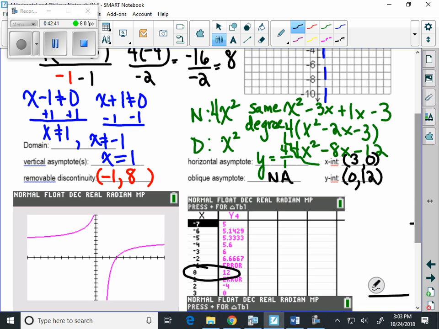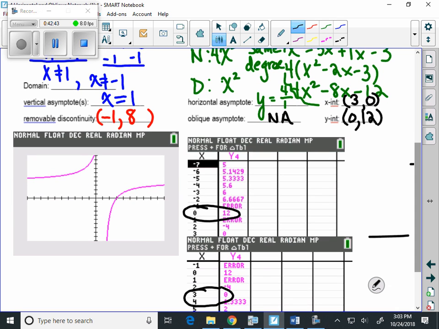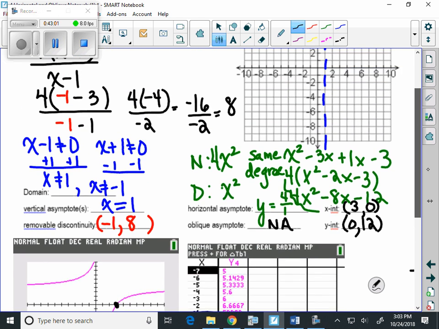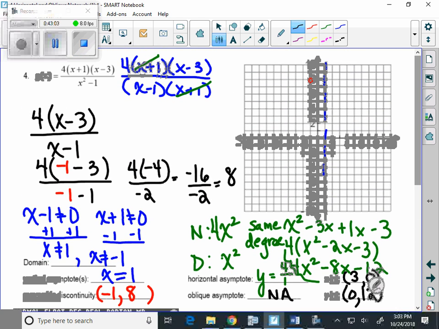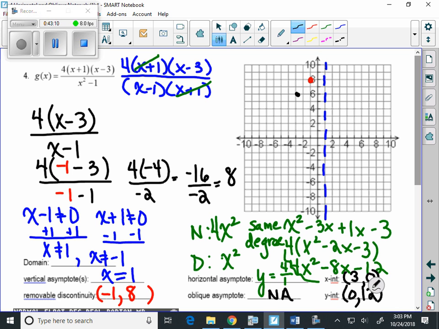As you look over there at the picture that I have right beside there, there's the x-intercept, and then the y-intercept goes off the graph a little bit. But let's see if we can graph a couple of values in here. Like negative 3, 6, and negative 7, 5.